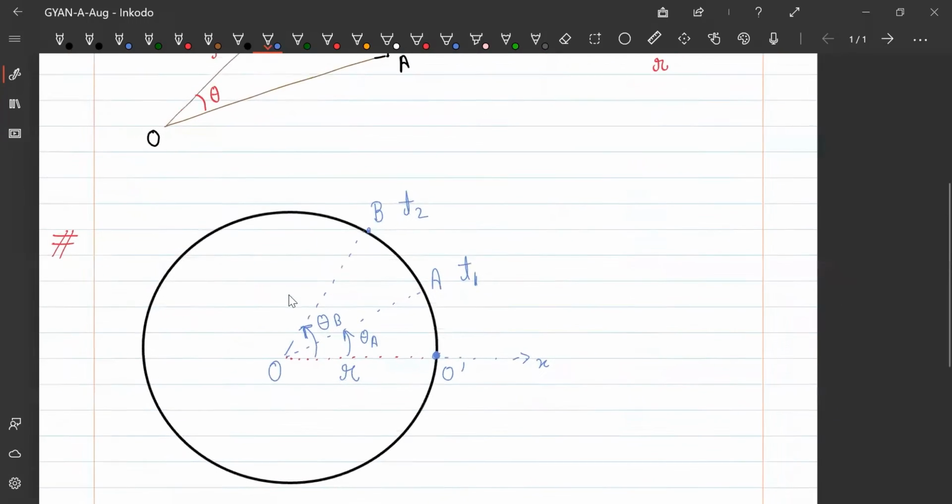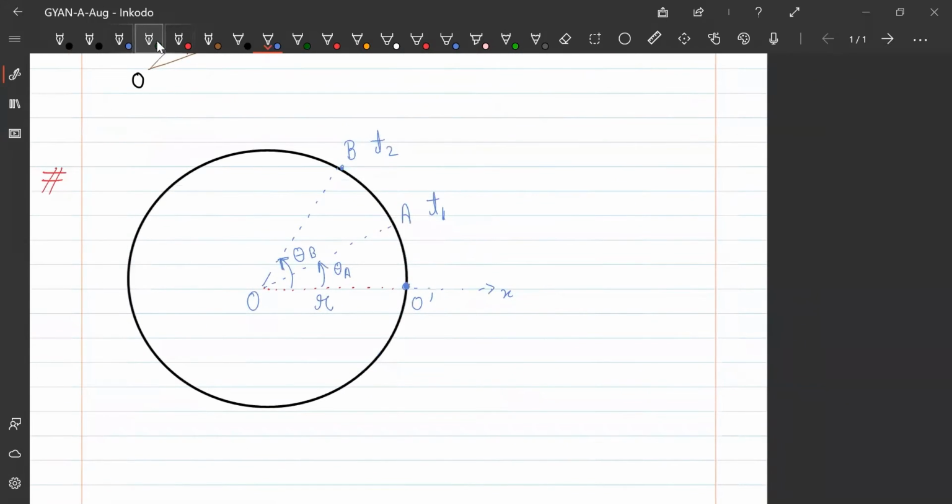So see, we have a very similar terminology as we used in kinematics. So theta A is called angular position. Angular position किसी reference से measure करना है, so our reference is OO dash. OO dash is our reference. Yes, starting point. So theta A is angular position at t is equal to t1.